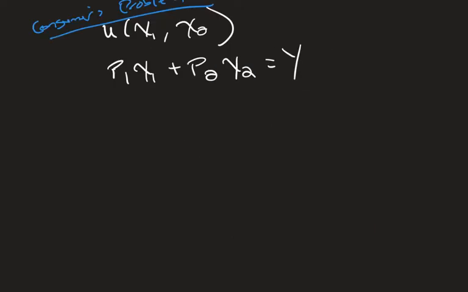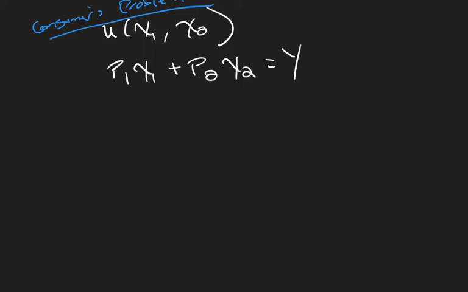Now we're ready to solve the consumer's problem, which is how much of good 1 and good 2 the consumer is choosing. And it's always useful when you begin to solve any kind of problem in economics to ask yourself what's given and what's being chosen. The things that are given, we call those exogenous variables. Things that are being chosen, we call endogenous variables.